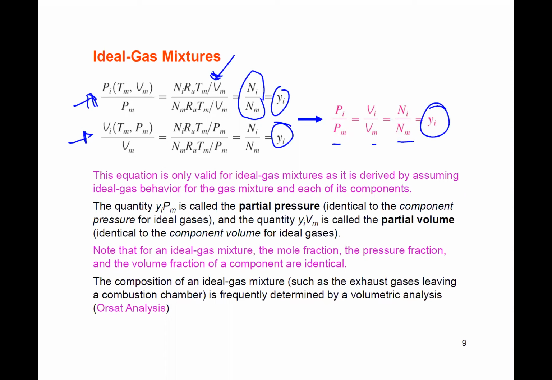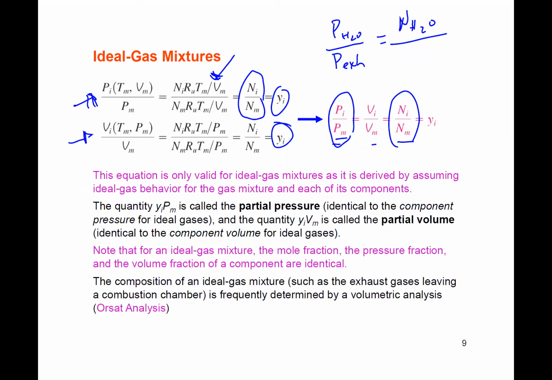And that's what we did in that chapter 15 problem, we used this and this, right? We had pressure of the water, and the exhaust was the pressure of the exhaust, because the exhaust is a mixture. And then we had the moles of the water over the moles of the exhaust.